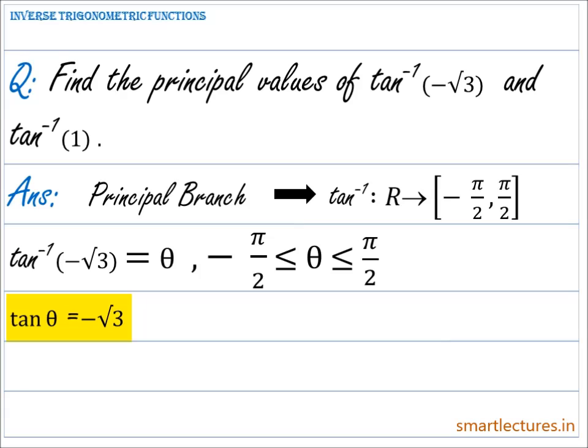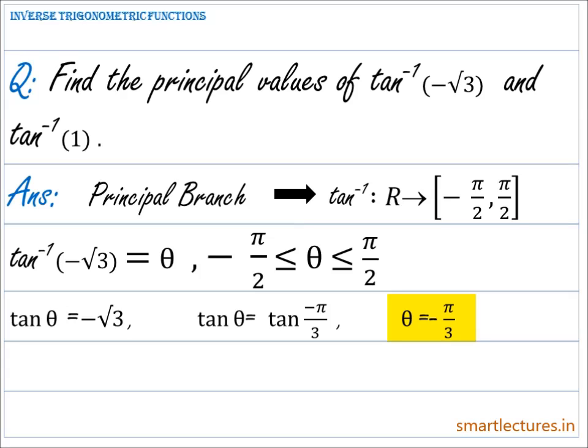And minus pi by 3 is the angle at which tan theta is equal to minus under root 3. So we can write tan theta is equal to tangent of minus pi upon 3, which means theta is equal to minus pi upon 3.